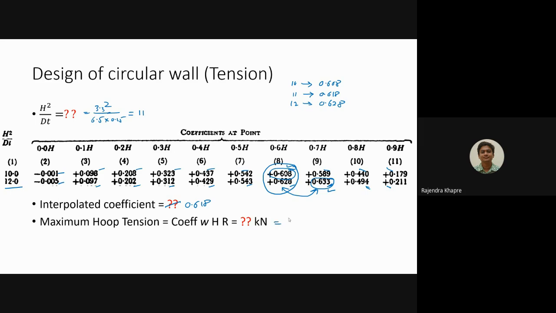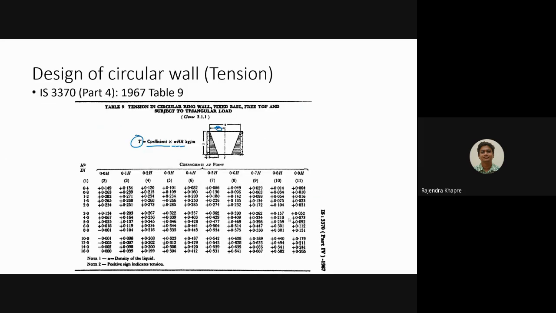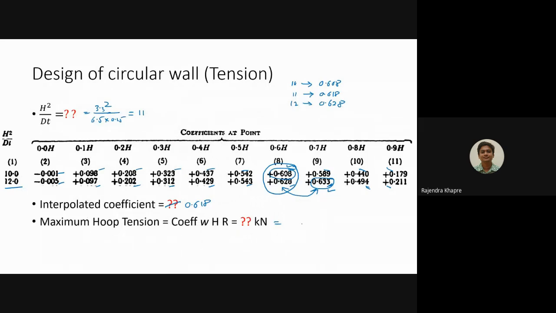So you can use the equation given over here, that is coefficient into W into H into R. Here I am going to use coefficient as 0.618 multiplied by the density of the liquid. Right now we are using water, but this tank can be used for any other purpose. If petrol is there, you have to take the density of the petrol. So density of water I am taking as 10.